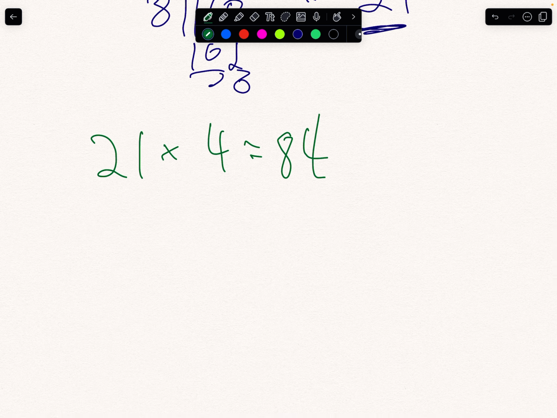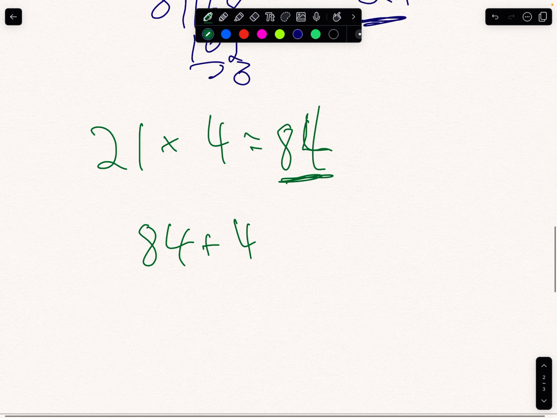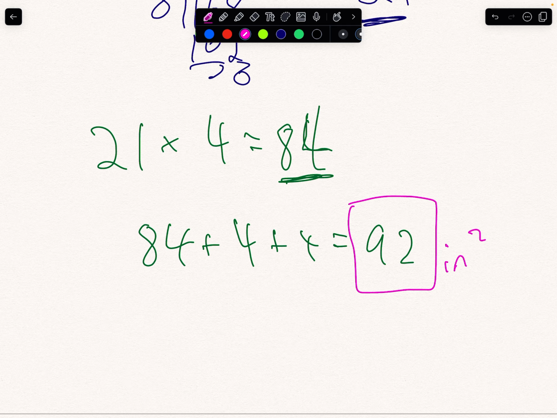I knew I got something wrong because it wasn't matching up, and that was a pretty silly mistake. But the area is going to be 84 for our middle shapes. And now let's not forget our start and end shapes, which each also have an area of 4. So plus 4, plus 4. This is going to give us 92. So 92 is our final answer, and you can say inches squared.